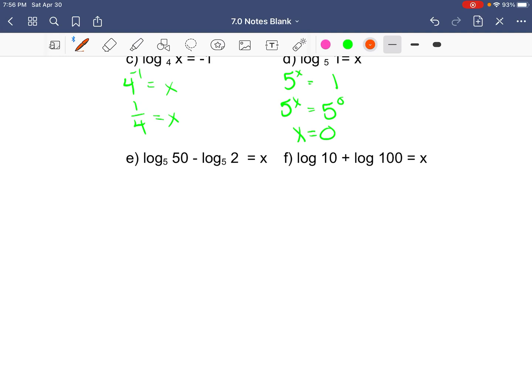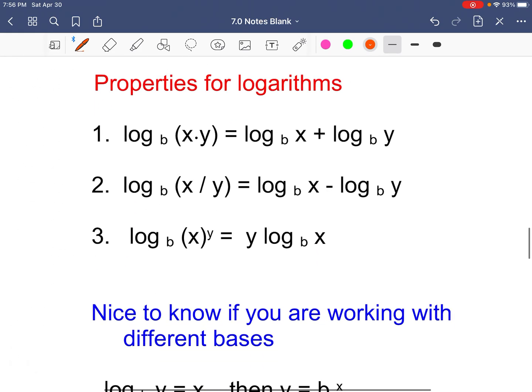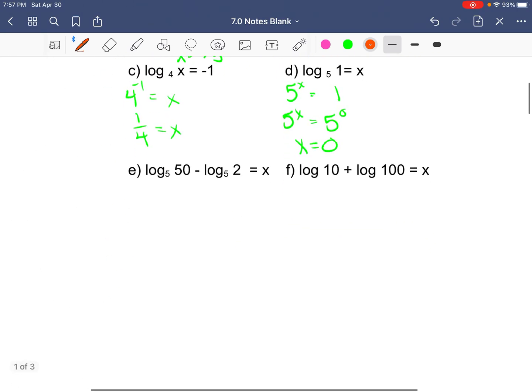For E, we are going to need to change our look first. We're going to want to get it as one piece, so a logarithm equal to something. I'm just going to quickly scroll down. Here are our logarithm laws. So when we are multiplying, we're really adding. When we're dividing, we're subtracting. When we have an exponent, it goes out front.